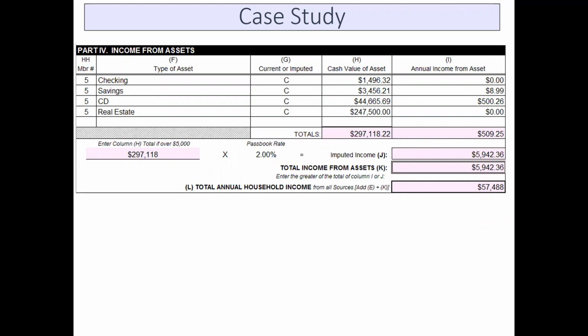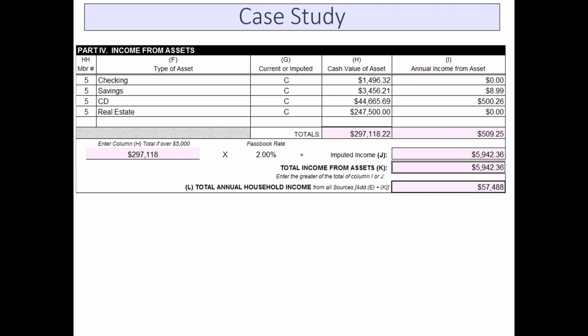So the passbook rate on this was 2%. So the total household assets of $297,118 times that 2% passbook rate came up to $5,942. Note, that's a lot more than the household's actually expecting to earn, in the most part because of that high value on the house, which isn't actually earning any income right now.